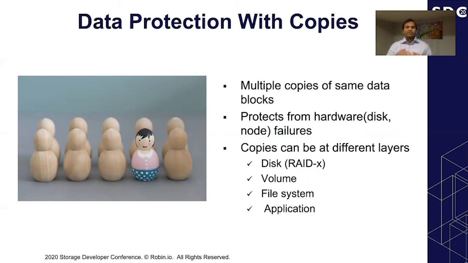A little higher up, some file systems provide data protection by replicating data to another disk or to another node. And at the application layer, we have seen with recent databases that they understand replication, they make copies of the data to other nodes, and they are aware of how to fetch the data from another node if one fails. So databases like Cassandra and MongoDB have this kind of replication built in.